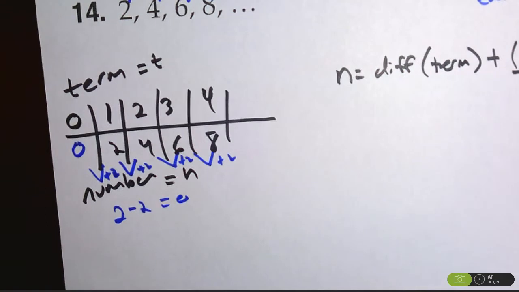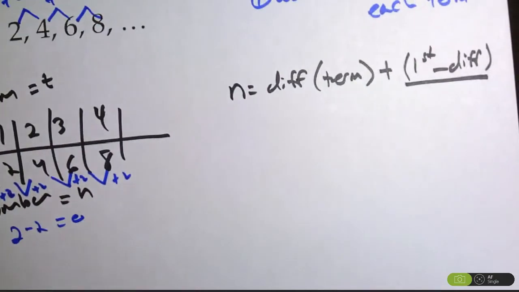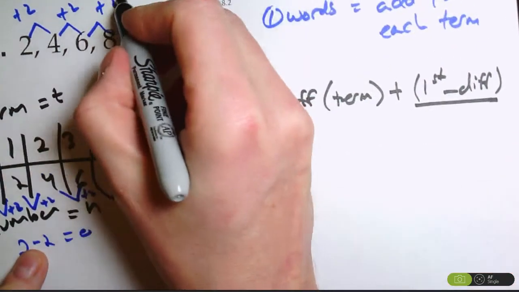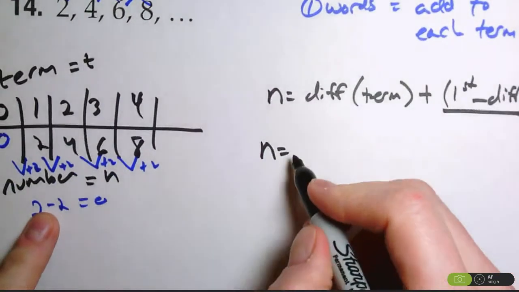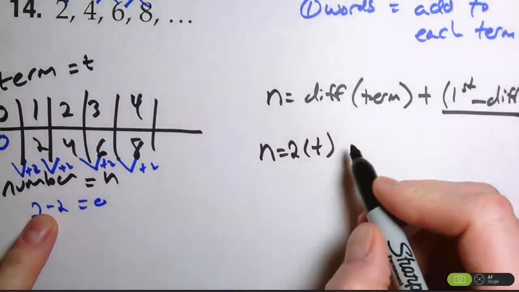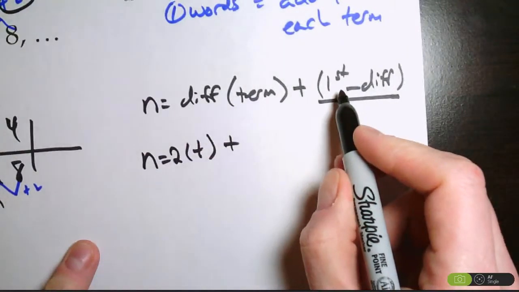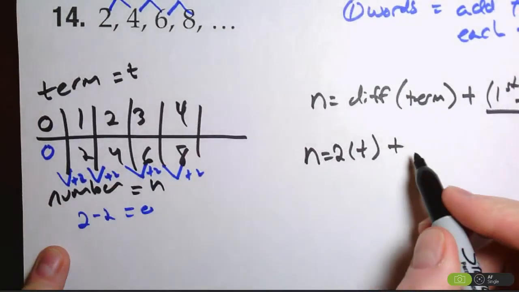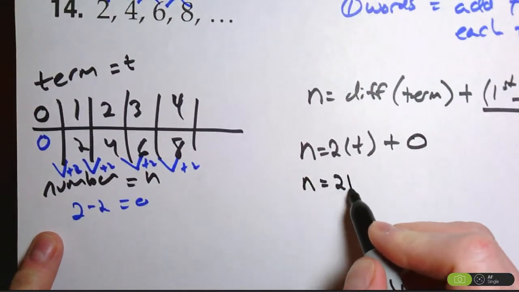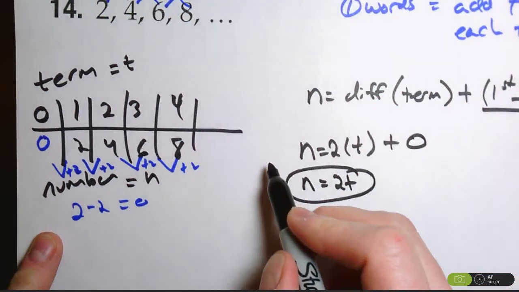Okay, so n equals the difference, which is 2, times the term, that's just the letter t in this case, plus the first number minus the difference, which is 0. And then the book would clean this up and say that's really just 2t.